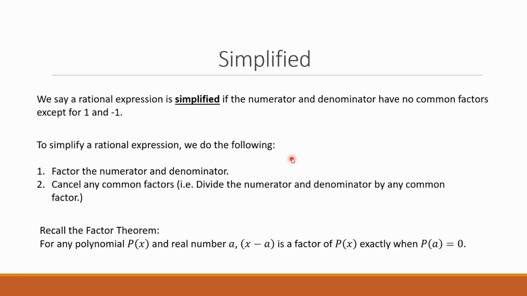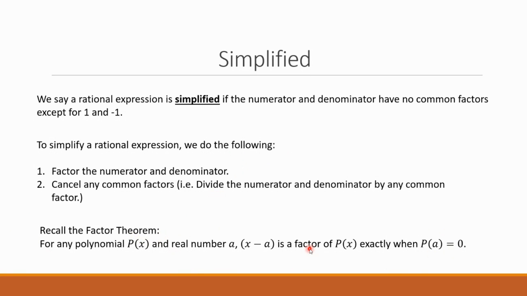Mathematically, you're dividing by those common factors. And what's really cool, because we did synthetic division, we can use the factor theorem to help us. You'll see in the example today that the factor theorem is actually very useful.